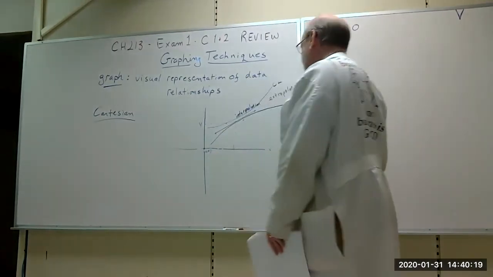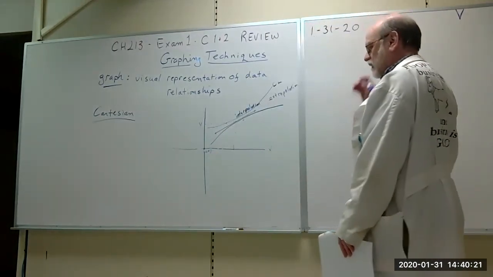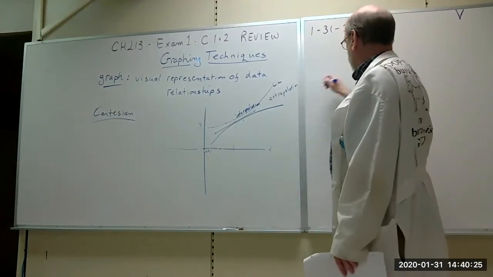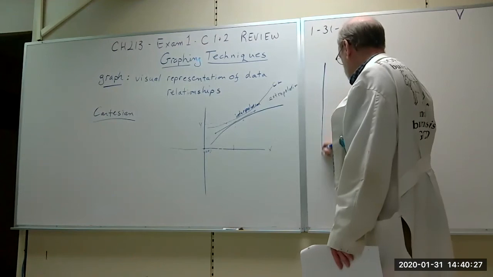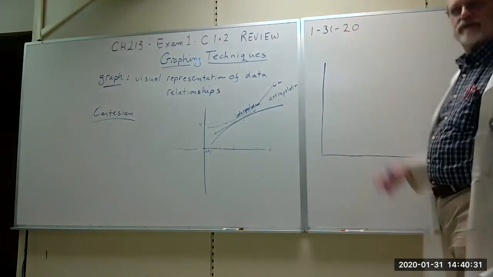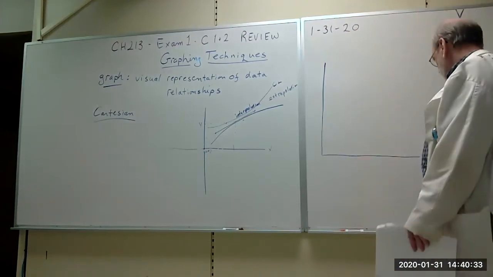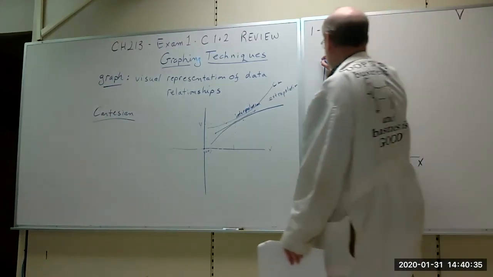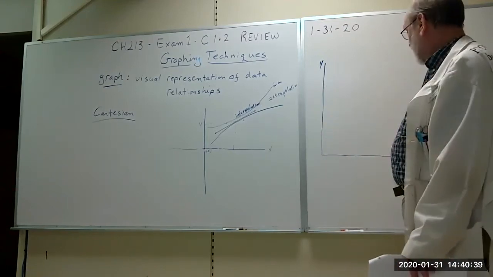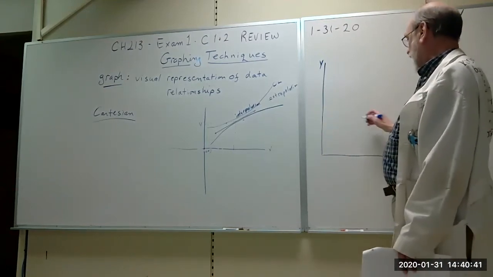Okay, so what types of curves or graphs or whatever can we get from our data? Well, let's stick to that one quadrant. So say we have a data set here with X or Y as our independent or dependent variable. And say we do produce a straight line.